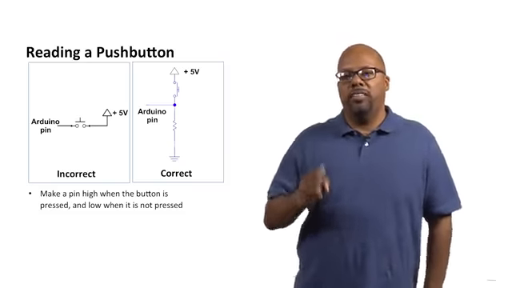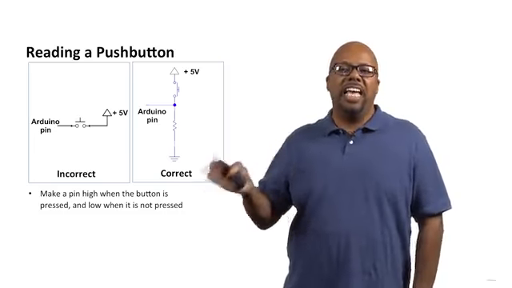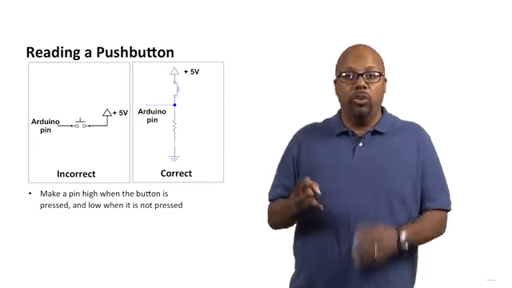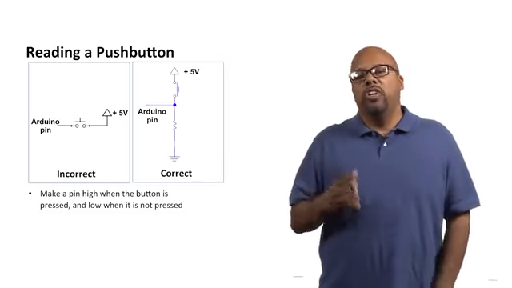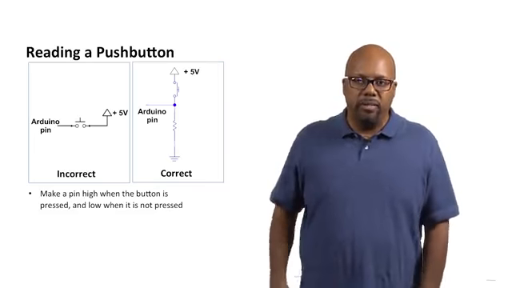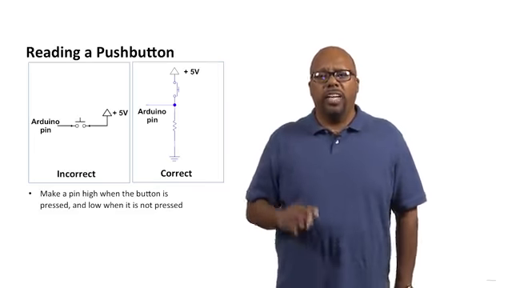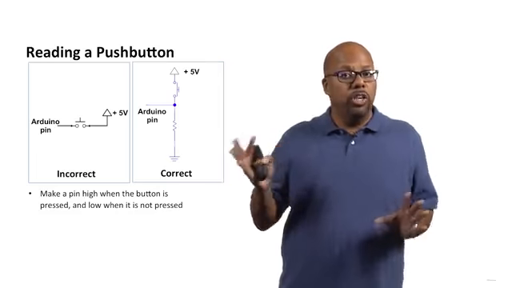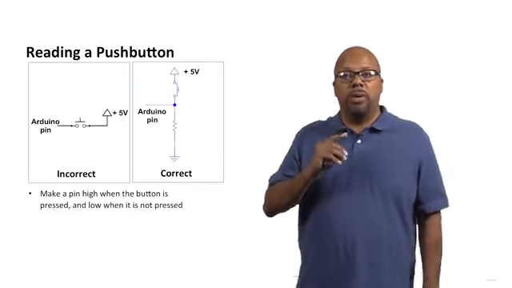When the button is not pressed, the Arduino pin isn't connected to anything. So its voltage can float between high and low. We don't know what its voltage is. So we have no guarantee that it's going to be low, so we can't trust it to work, let's say. So that's why it's incorrect. It does half of what we want. It makes sure that when you press the button, it's high, but when you don't press the button, it doesn't have to be low. So that's bad.